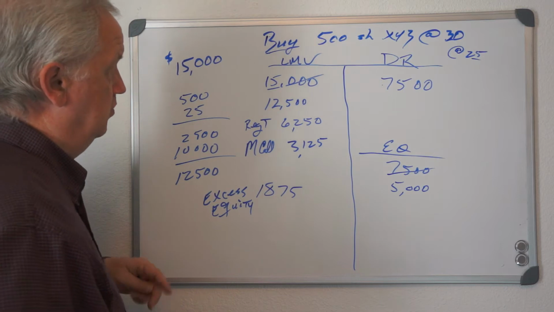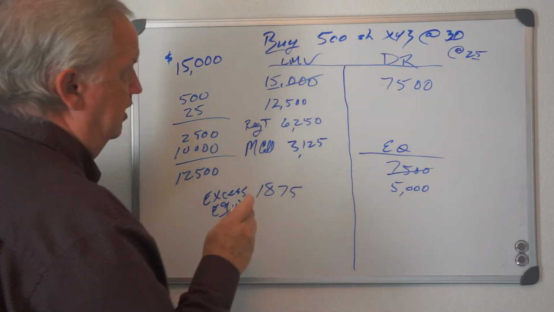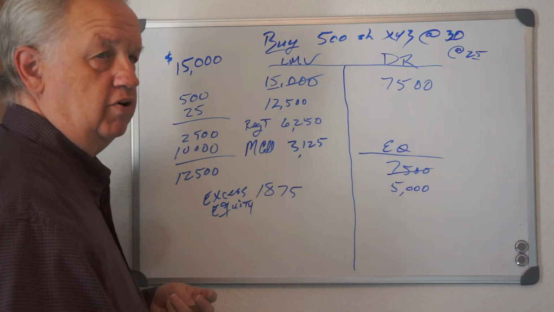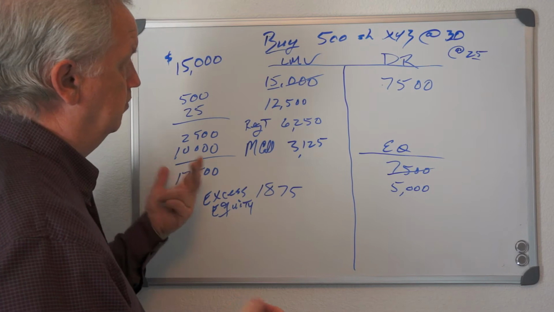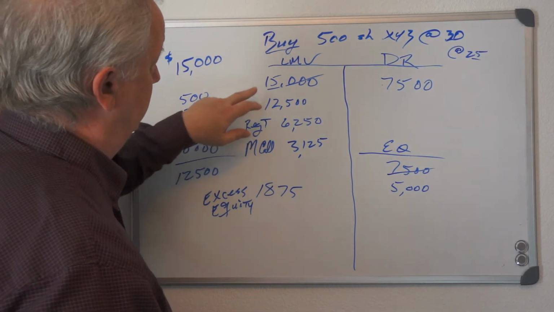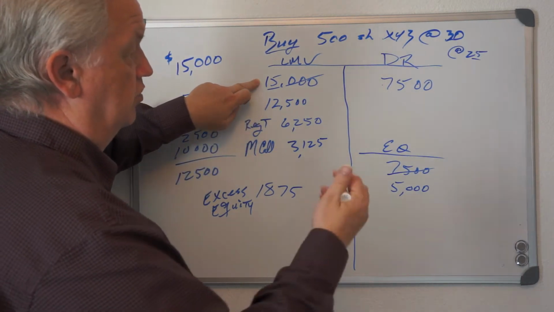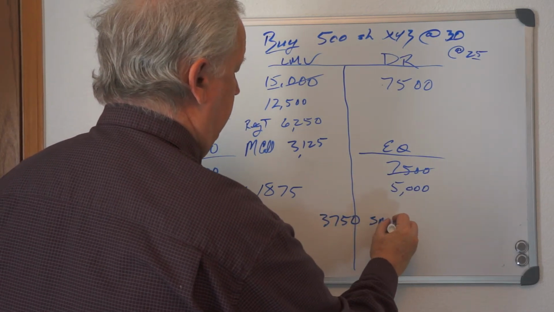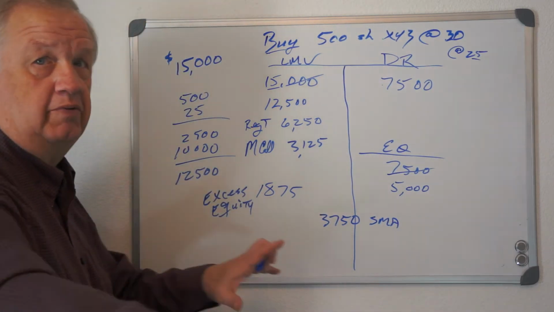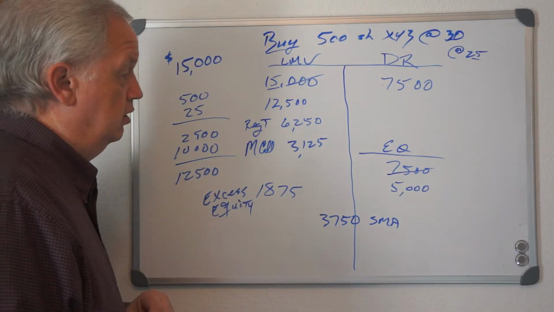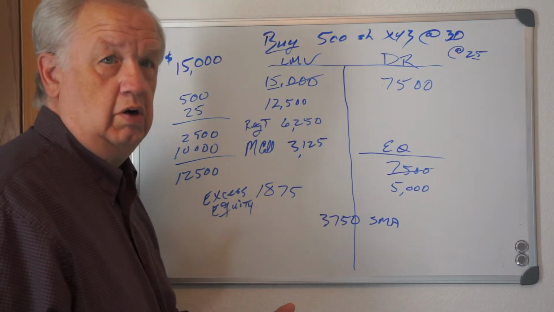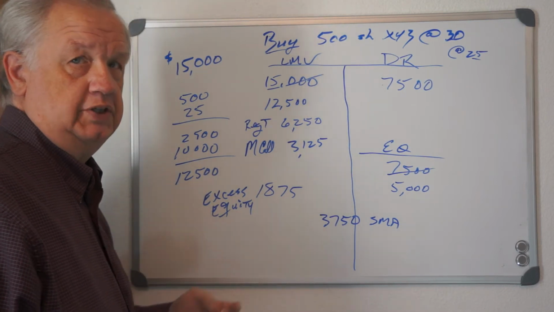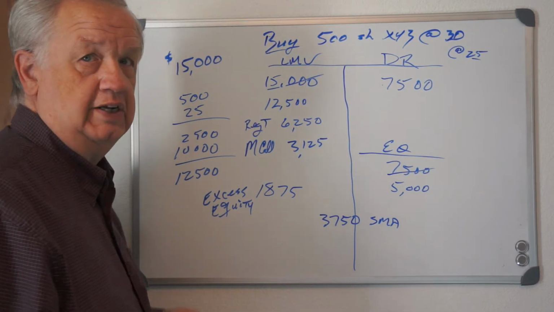What's your SMA right now? Excess equity over the margin maintenance. The margin maintenance would have been half of this. So 3,750 SMA right in the beginning. So you could withdraw that dollar for dollar, or buy securities dollar for dollar, 3,750, and still be okay.